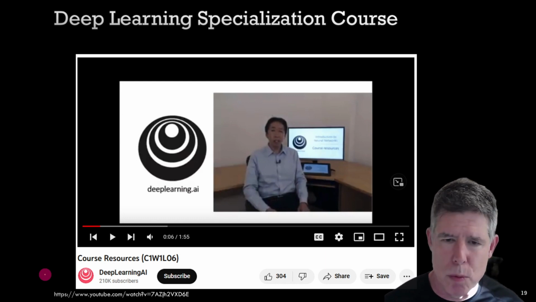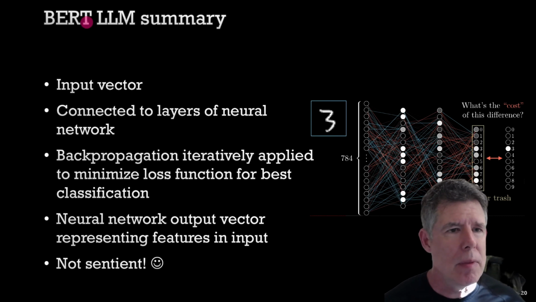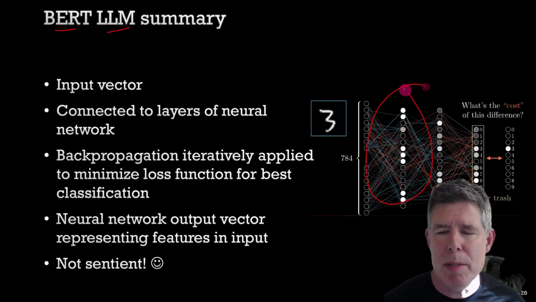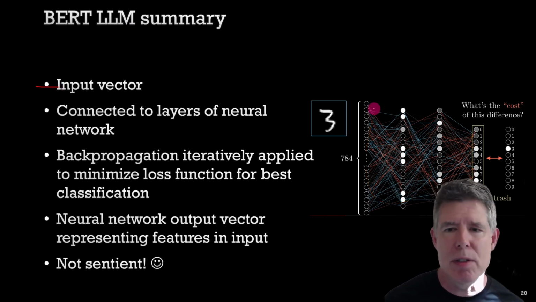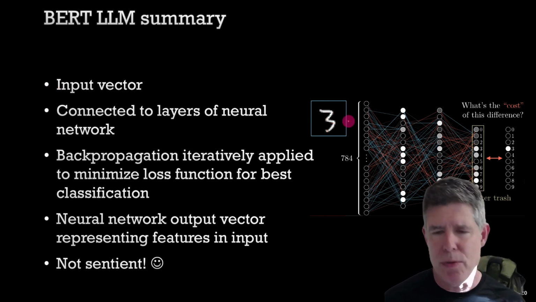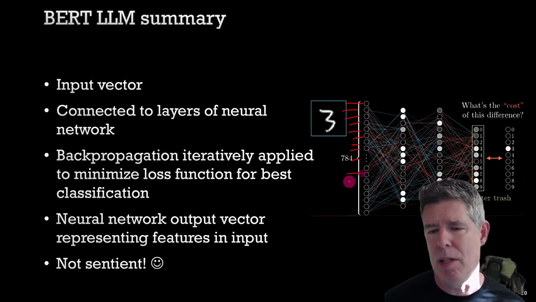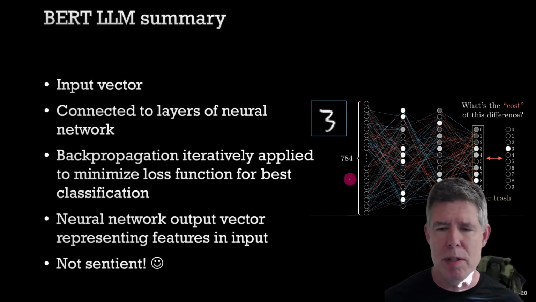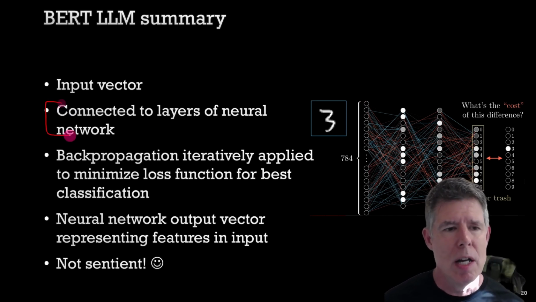It's a wonderful course. Okay, so in summary, BERT is a large language model. It implements deep learning, also known as a neural network. It has an input vector, and instead of parts of an image for, say, the number 3, each one of these inputs is going to be a word that's going to be tokenized. Our sentence is going to be a set of words, and we're going to connect our sentence to this neural net.